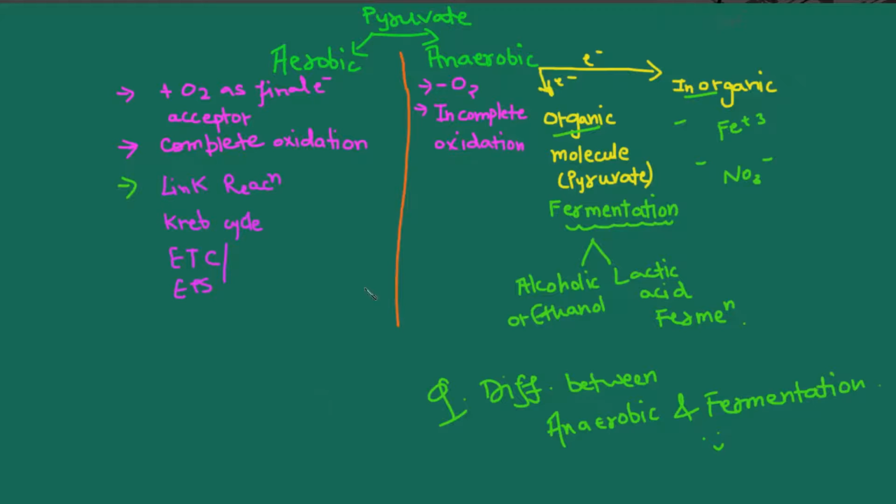So now, because we are going step by step, we will first see how this pyruvate gets formed, and it is synthesized by the process of glycolysis. So guys, let's take a look at this process in more detail in my next video.